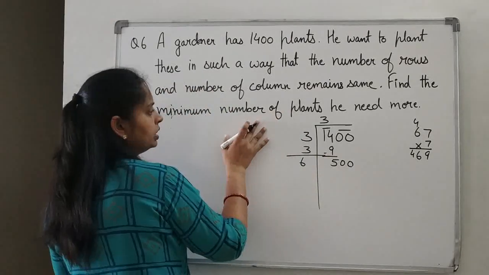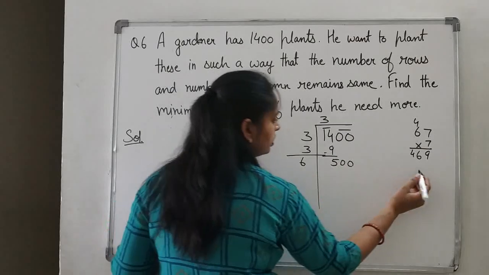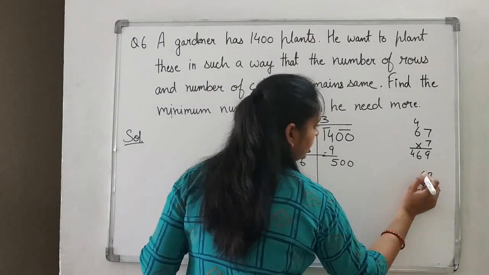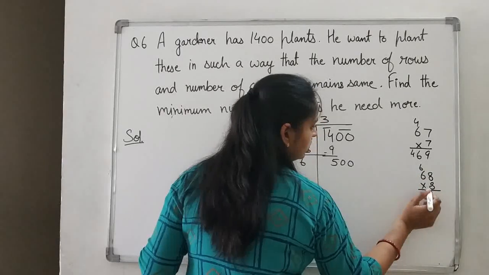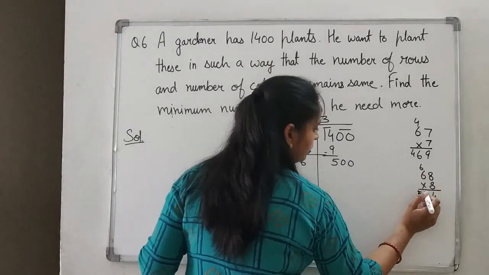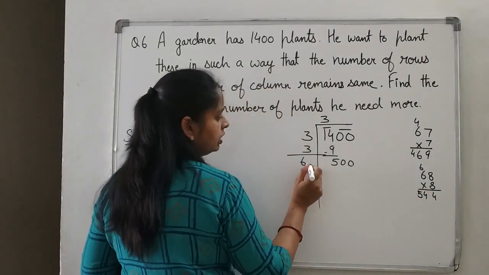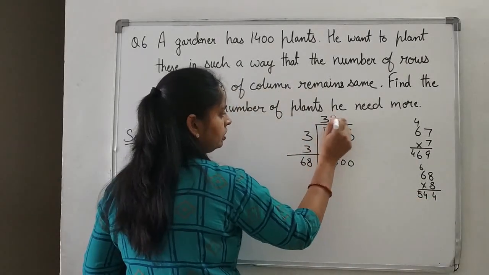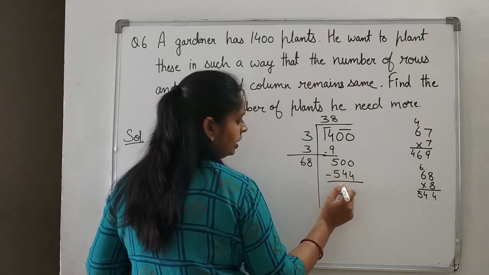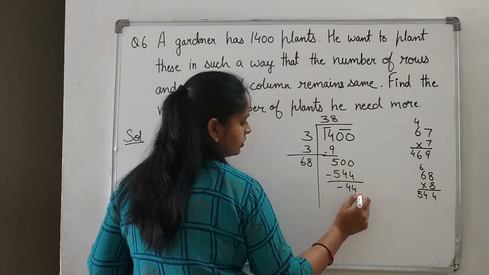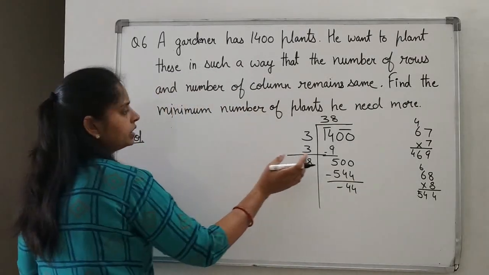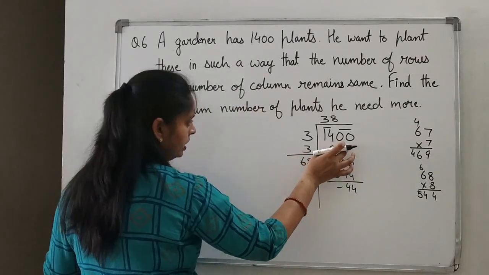Some more plants are needed. So 7 is going, so we will go for 8. 8 8s are 64. 68 is 48 plus 6, 54. So we got 8 as 544. We will subtract, so we will get minus 44. When we are getting minus 44, it means 44 plants are less than this to make it a perfect square.